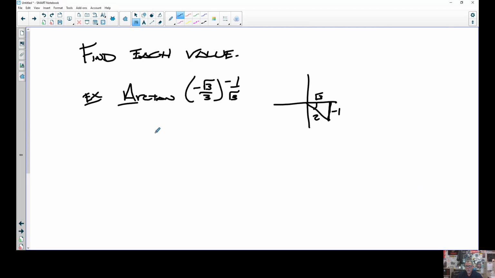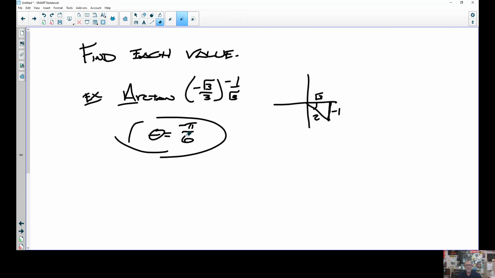So in this case, we would say theta equals negative pi over 6. All right. Again, using our knowledge of the unit circle, we can go backwards on this. Is that visible as a negative? I don't think so. Let me rewrite it. There we go. Negative pi over 6.